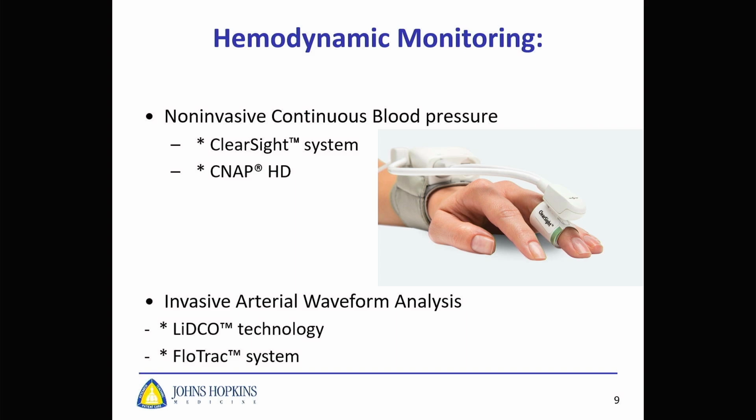This ClearSight system, as I show here with a picture, displays the finger cuff that this company provides, and essentially by providing some pressure to a finger and then looking at changes in pressure, not only estimates your blood pressure, in a similar fashion that a non-invasive blood cuff does, but it actually can estimate at higher frequency.